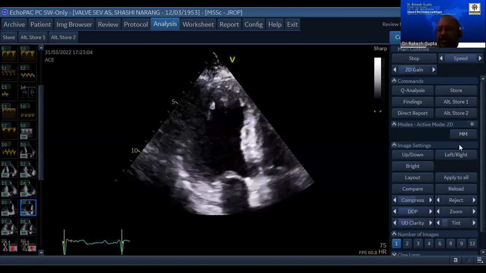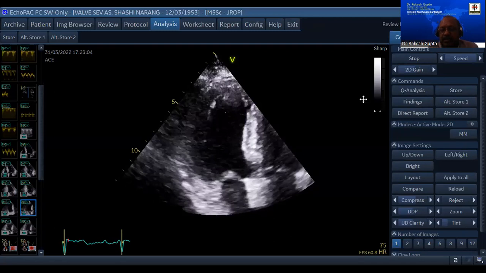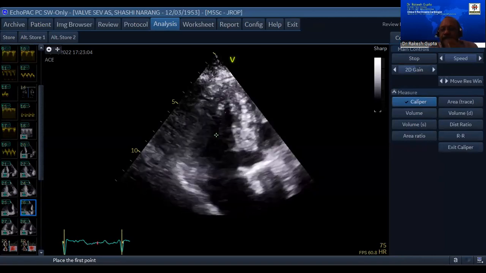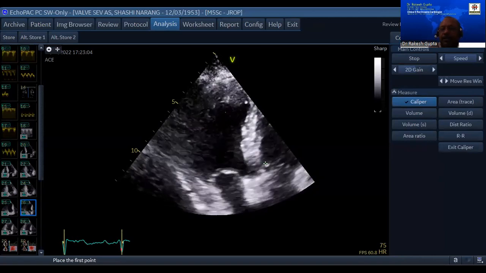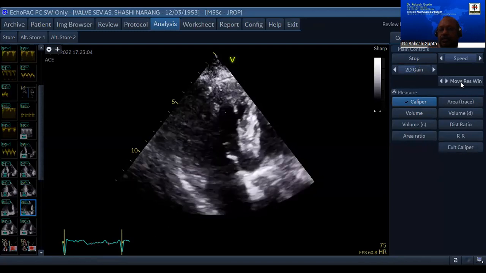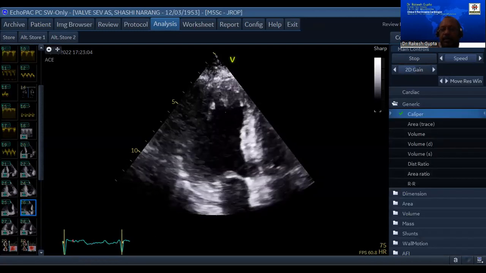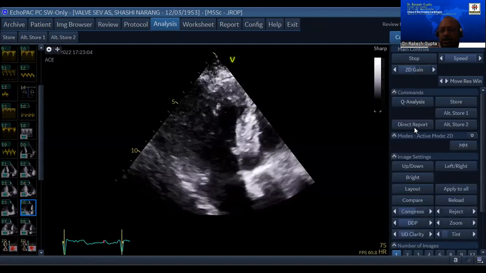Let me try if I can get a sample volume in this. Caliper. No, there's no caliper. Controls. Pulse wave.